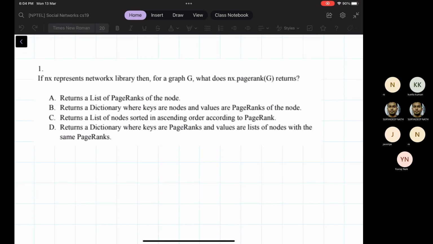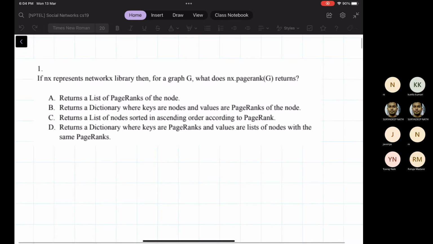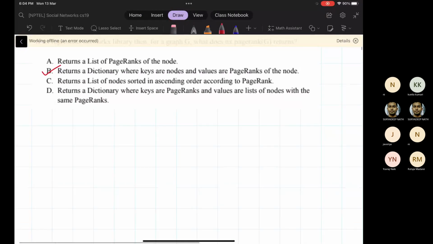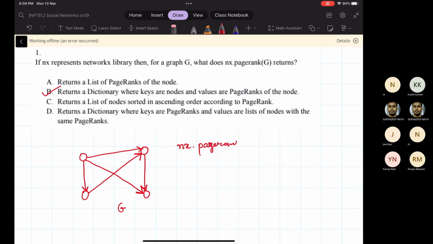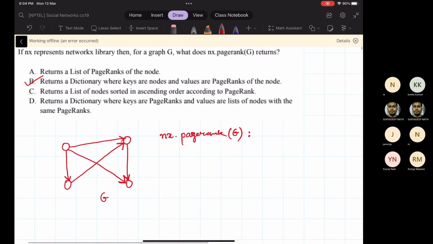So the right answer for this question is option B. Let's say you have a graph like this. Consider a directed graph. So this is your directed graph G. What nx.pagerank(G) returns is a dictionary, and let's say the keys are the nodes.